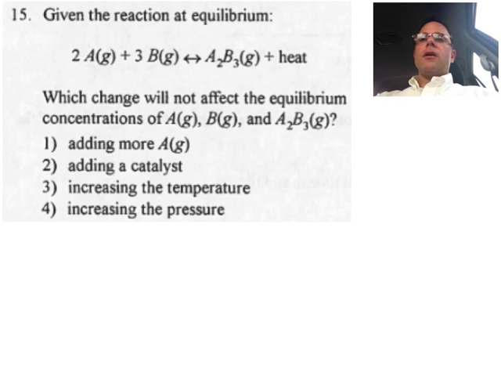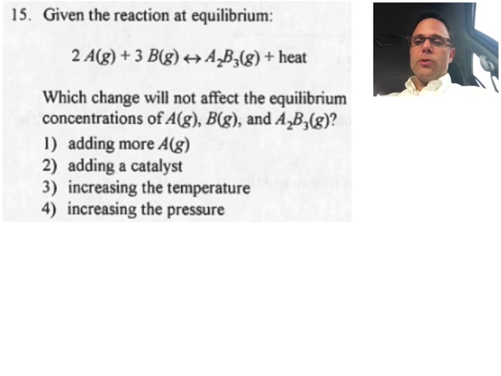All right, 15. Given the reaction at equilibrium, we have 2 moles of A, whatever that is, as a gas, combining with 3 moles of B as a gas, in equilibrium with 1 mole of A2B3 gas and heat. Which change will not affect the equilibrium? Which will not change the equilibrium concentrations of either of the reactants or the product?